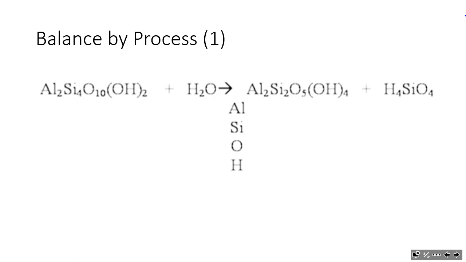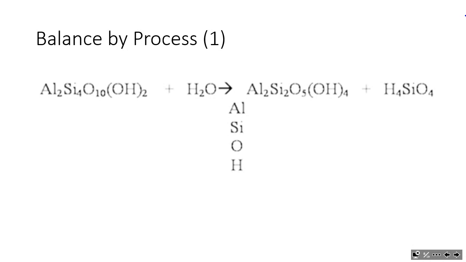How many aluminums are on the reactant side, the left side? How many aluminums to start with? 2. Because remember there's a 1 in front of that thing to start with, right? How many silicons? I'm going to ask you to do this for each of the elements. How many aluminums on the right, on the product side?